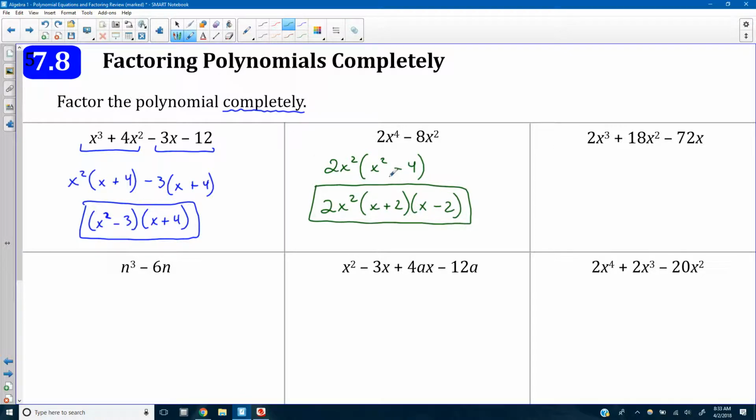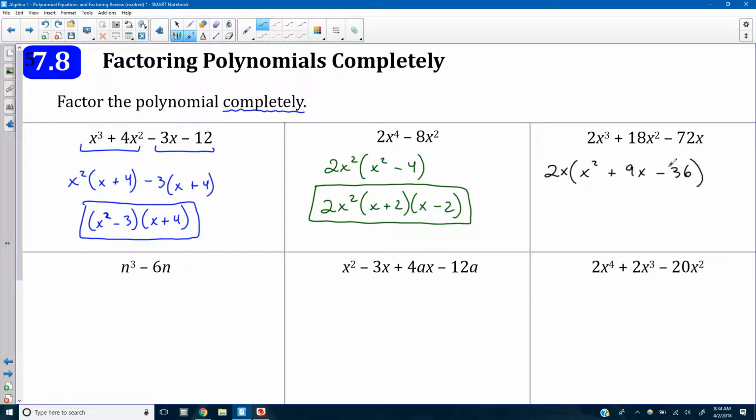That was the gist of it. Find common factors and go. Same with this one here. As it's a cubic, it might be hard to factor from the onset, and I'd agree. However, there's a common factor of x, and in fact, there's a common factor of 2 as well. If you factor 2x out, you're left with an x squared here, a 9x here, and a minus 36. And hopefully this thing inside is factorable.